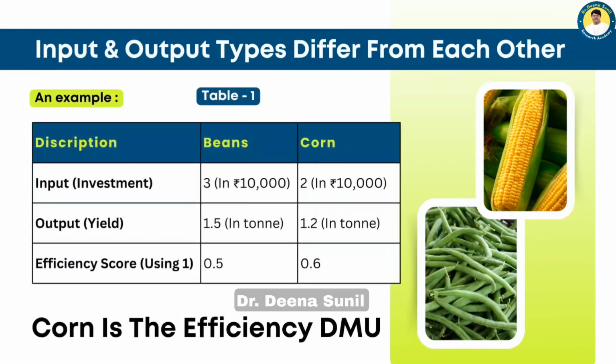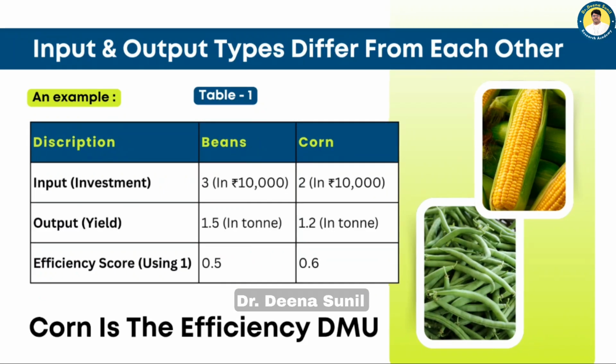This is an example where input and output types differ from each other. What do you mean by this? Let us see. Input is the investment and output is the yield, that is quantity.